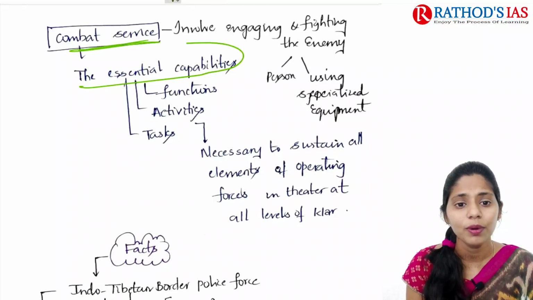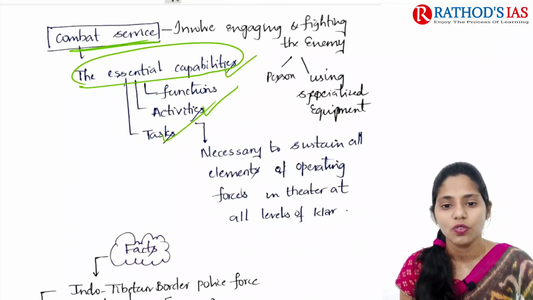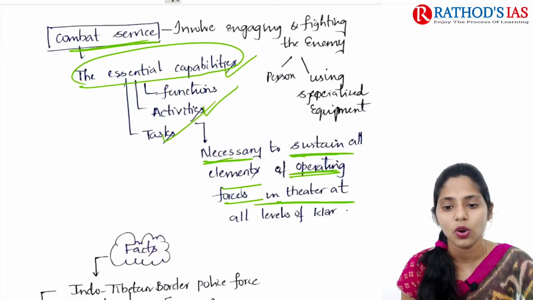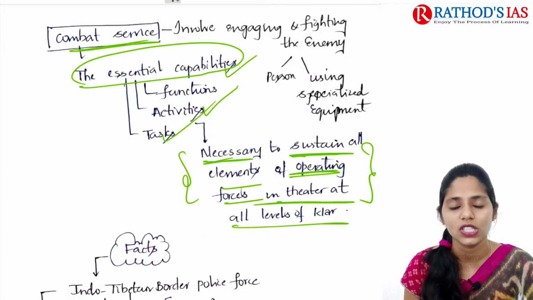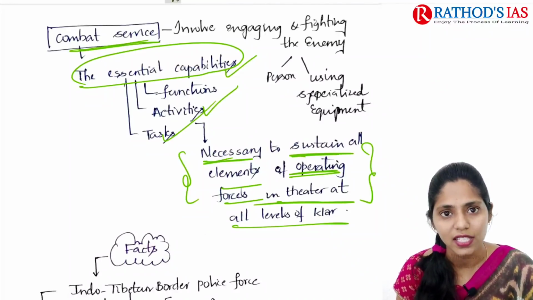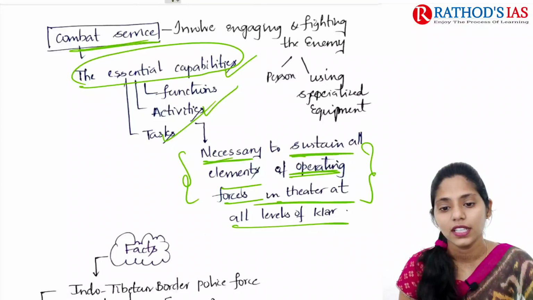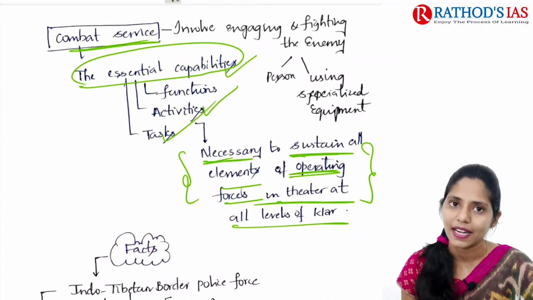The essential capabilities mainly include functions, activities, tasks, etc., which are very much necessary to sustain all elements of operating forces in the theatre at all levels of war. So this is about combat services.